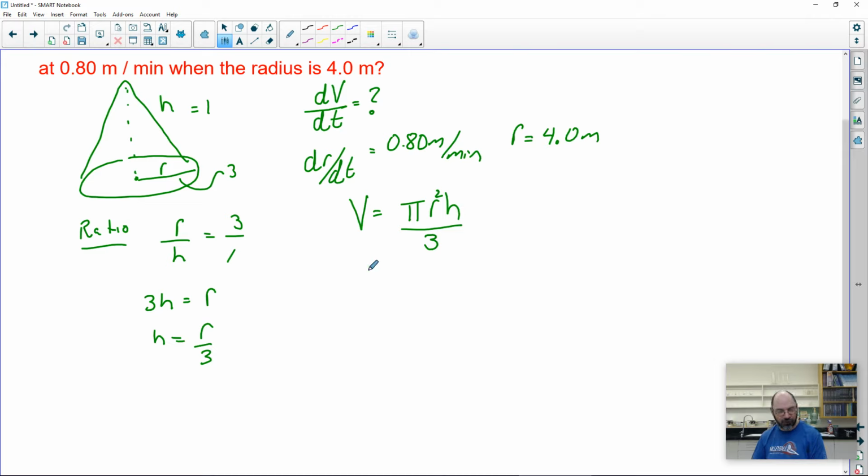So volume equals pi r squared, h is r over 3, divided by 3. So if we do that, we got pi r cubed over 3 divided by 3.